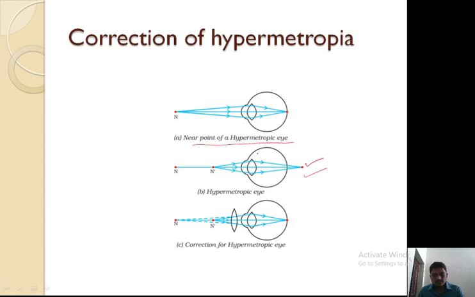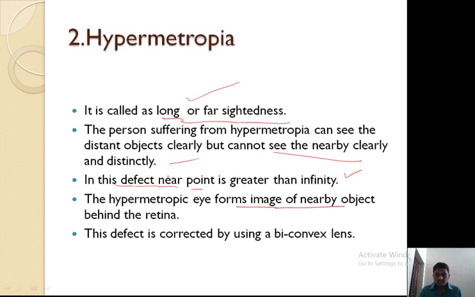So what about the near point generally? The actual near point is N equals 25 centimeters. But for a person suffering from hypermetropia, the near point is greater than 25 centimeters.